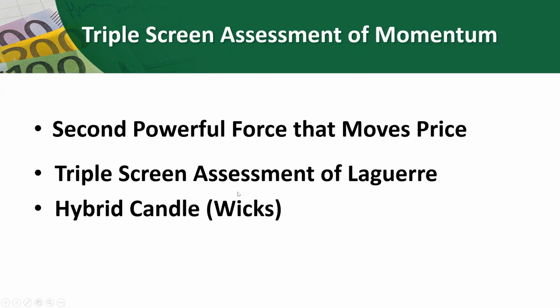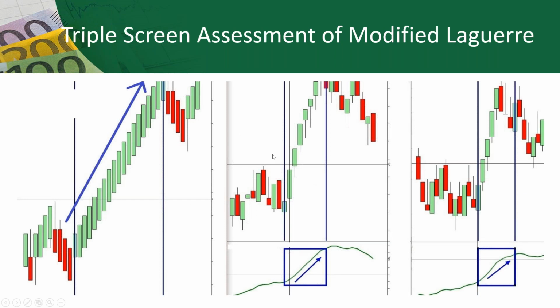So the second most powerful force that moves price is triple screen assessment of the liquidity, and also our hybrid candles, the wicks. Again, triple screen assessment of the liquidity means we want to see the liquidity going in the same direction on all time frames.